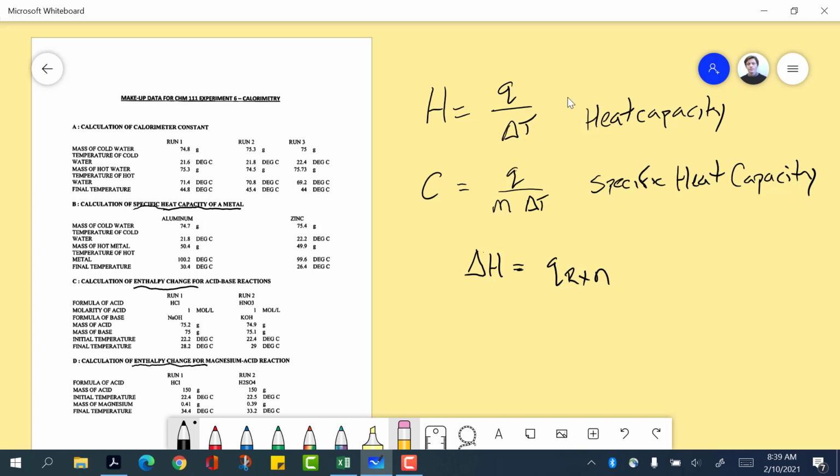Now, when working with the calorimeter, the heat flows from the system under study, whether it's the acid-base reaction or whether you're heating up a metal, to the surroundings.